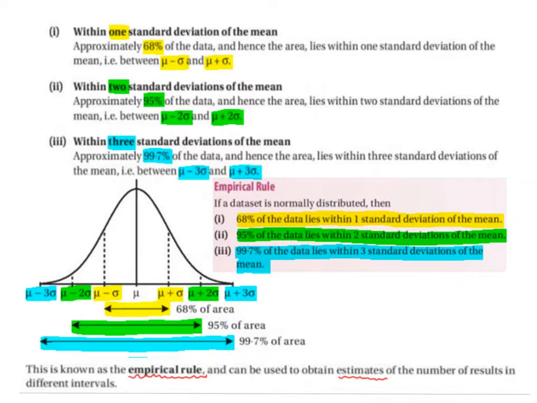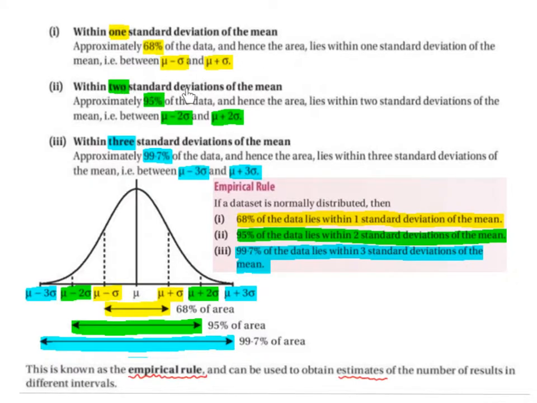So if we look down here at our normal curve, we know that this is the mean, and this dotted line here represents the mean plus 1 standard deviation, and this dotted line here represents the mean minus 1 standard deviation. So from here to here, this area in yellow, this is actually 68% of the area. And 68% of the data lies within 1 standard deviation of the mean. This is a summary of what is known as the empirical rule.